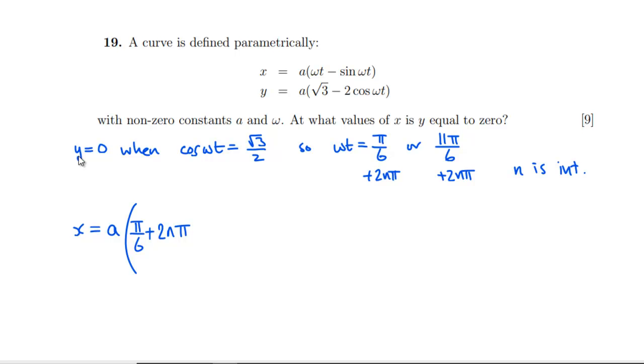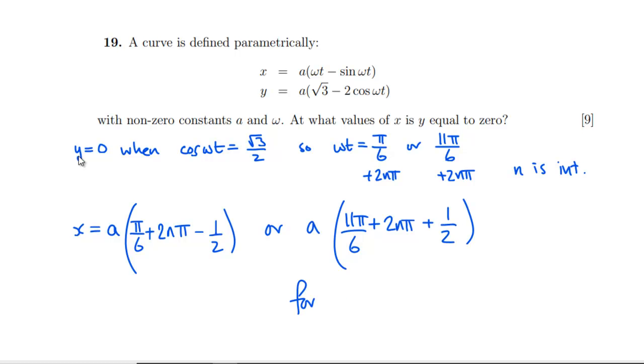The 2n pi bit isn't going to affect that because it's just cycling at the same rate. Sine of 30 is a half, so minus a half. So that's one option. Or we're going to have a, 11 pi by 6 plus 2n pi, and then that's going to be minus a half, so minus a half plus a half, for n some integer.